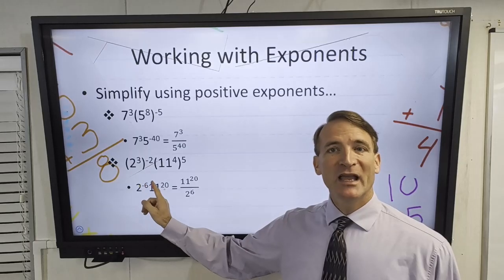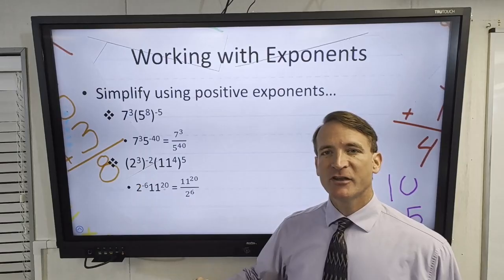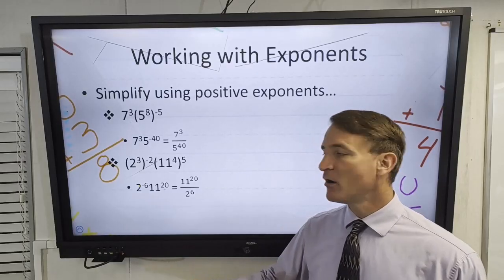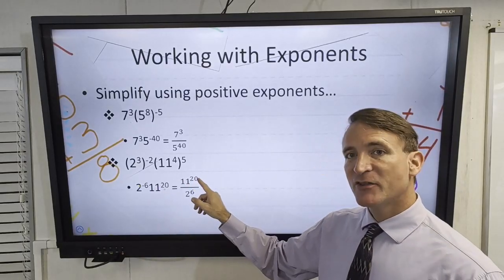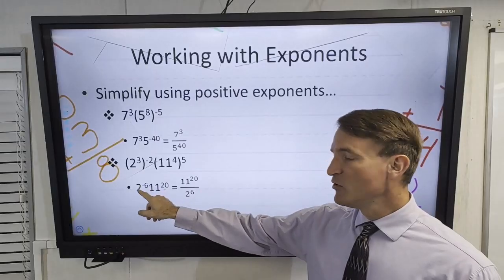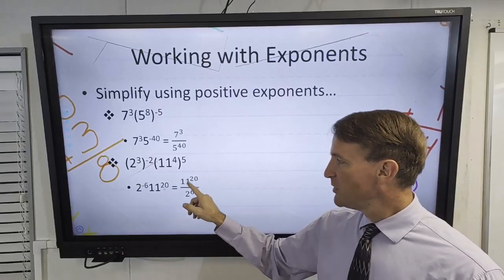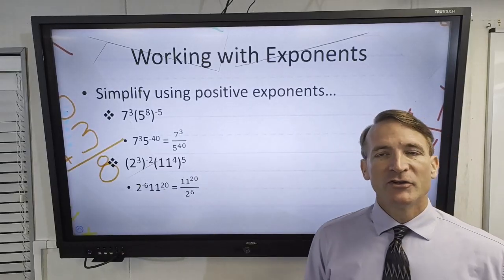Once again, I've only got one value with a negative exponent, so that's the only one that needs to move. The ones that are positive stay where they are. So I've got 11 to the 20th up in my numerator, but I do need to move the 2 to the negative 6th down to the denominator, and so that gives me 11 to the 20th over 2 to the 6th.